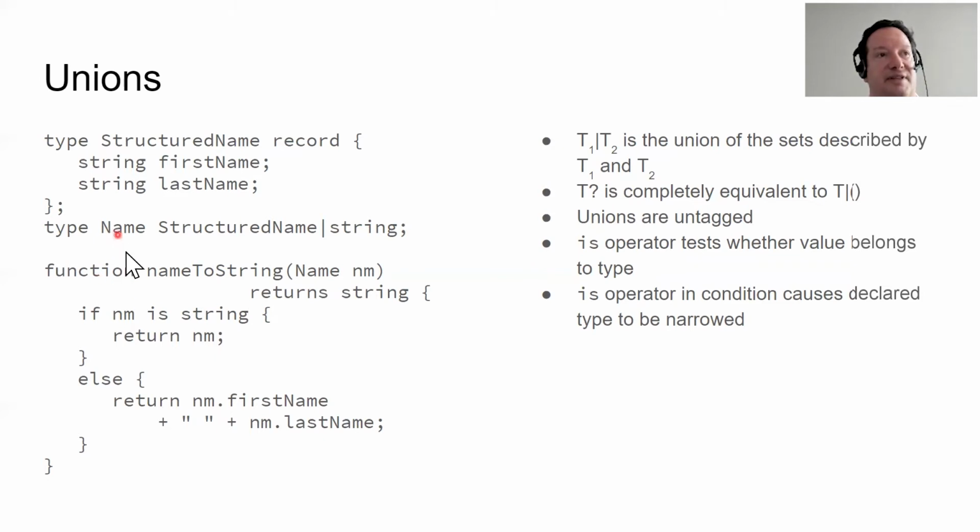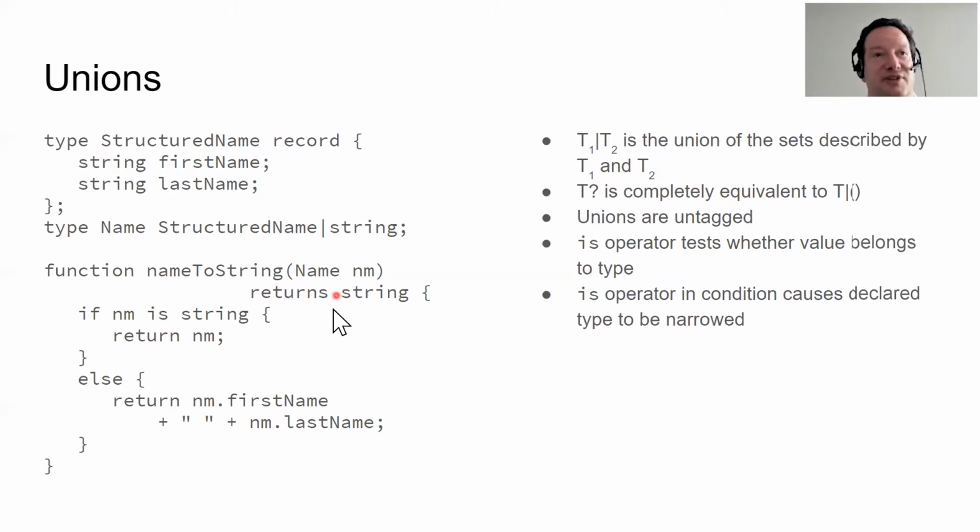And if we now have this name and we want to turn it into a string, we can say the two possibilities. The name may be a string, in which case we don't have to do anything, or it may be a structured name, in which case we're going to turn it into a string by combining the first name with the last name and putting a space in between.